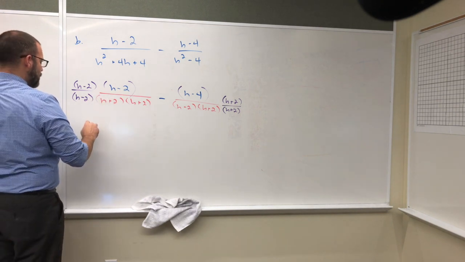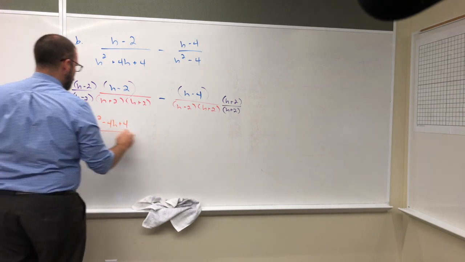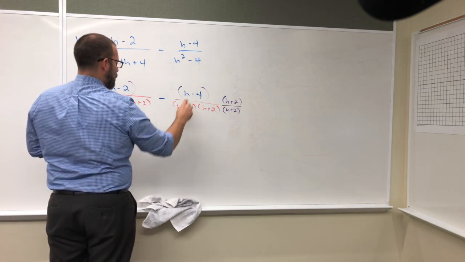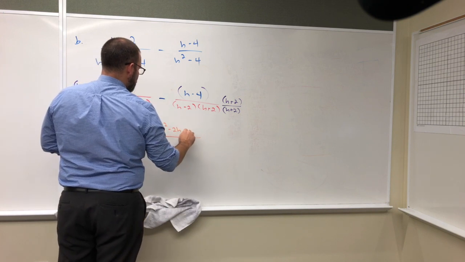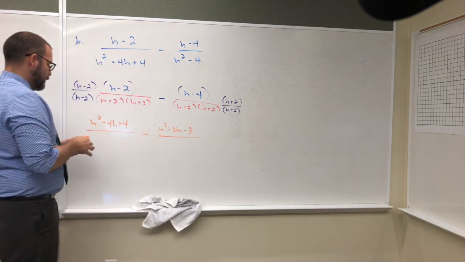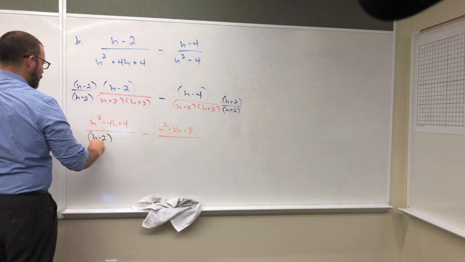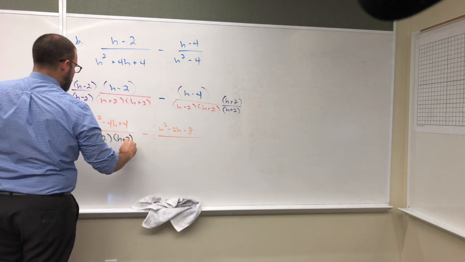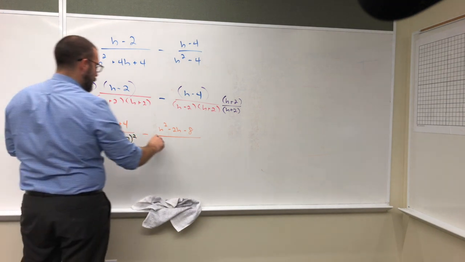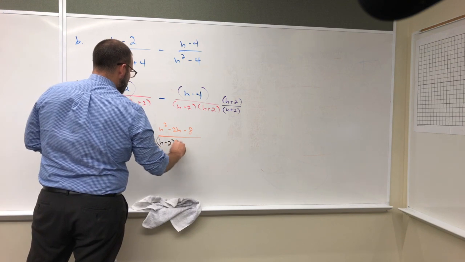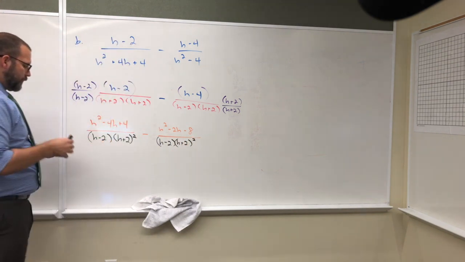But you should get h squared minus 4h plus 4. And here, you're going to end up with h squared minus 2h minus 8. And the whole thing is over our common denominator, which I'm going to abbreviate a little bit. I'm just going to write it as h minus 2 times h plus 2 squared, because I used 2 of the h plus 2 factors. So that's what that ends up looking like.